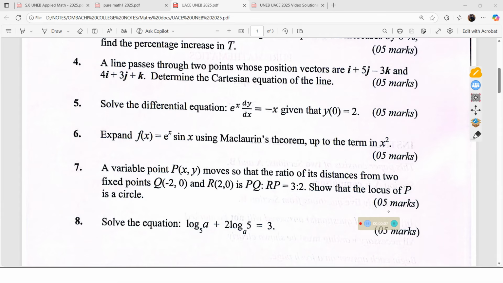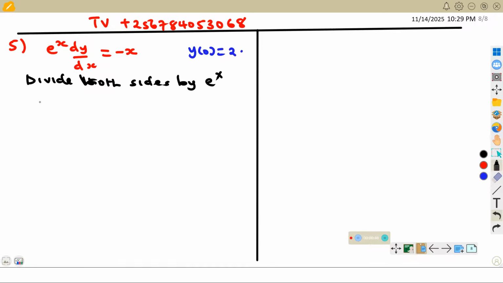So looking at this differential equation, we realize we can easily separate the variables, and for that case, we shall first divide both sides by e^x. When you do that, we shall have dy/dx = -x/e^x, but this can be written as -x e^(-x).